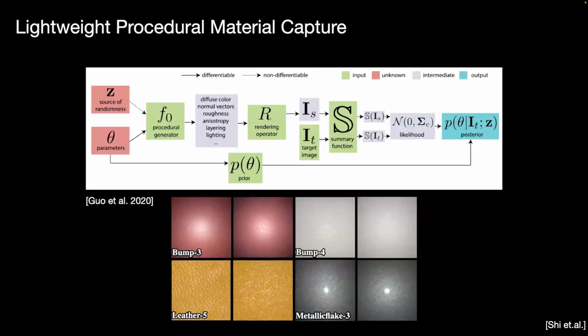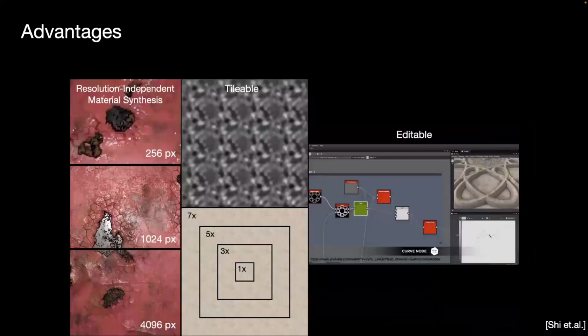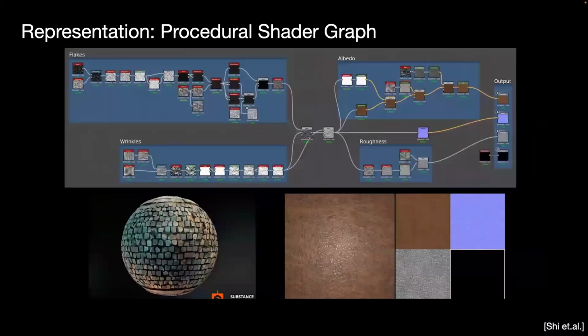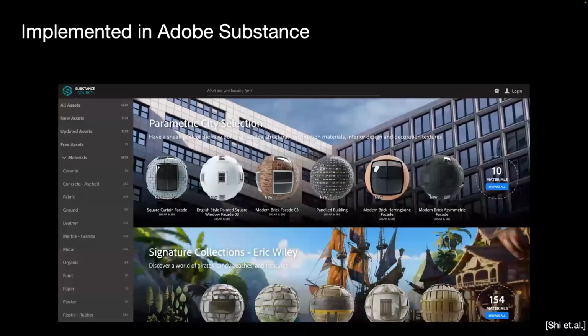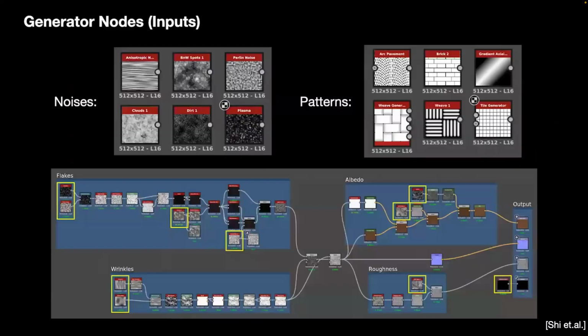And here are some examples of what we're learning with this scheme, right? And then the important thing here is that you have these nodes, right? And then they all need to be differentiable. And here you have different classes of nodes in this graph. You have the generator nodes that are inputs, and the inputs are usually either noises or patterns.